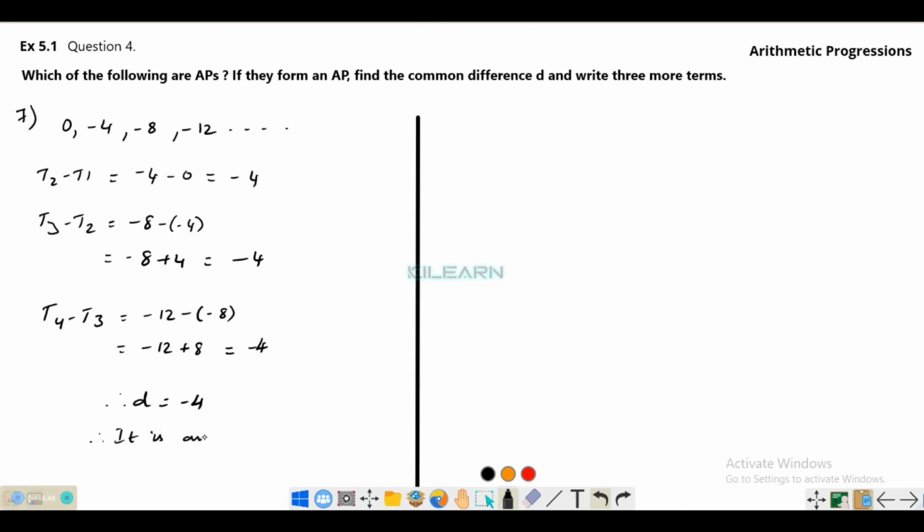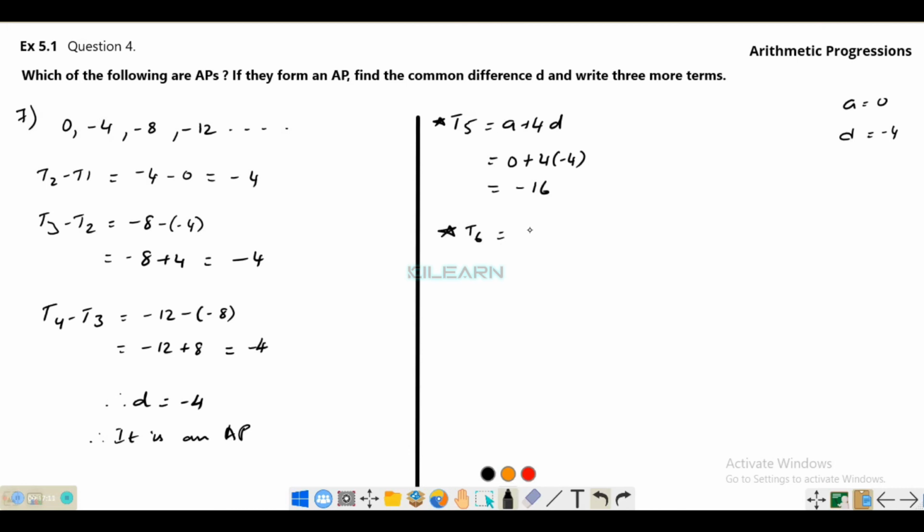It is an AP. So once it's an AP, we need to find the next three terms. So T5 is equal to A plus 4D. What is the A value? 0. What is the D value? Minus 4. Now we can write 0 plus 4 into minus 4, which gives us minus 16.